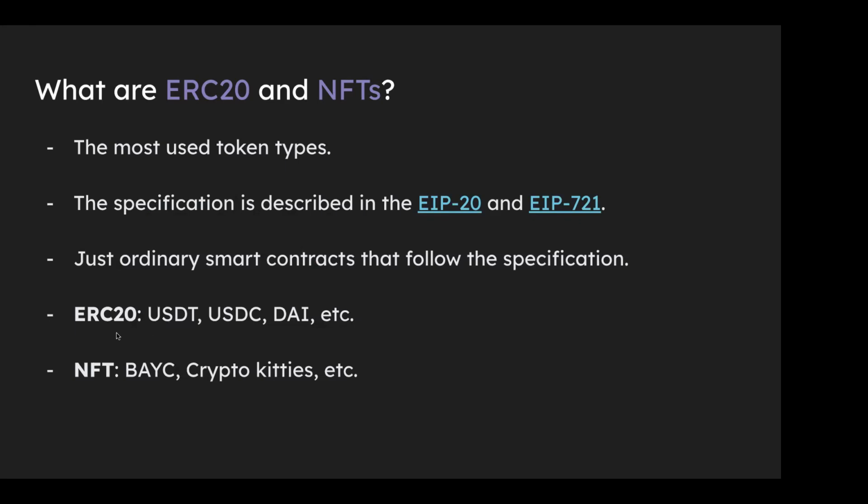Here are some examples of ERC20 tokens: USDT, USDC, DAI, etc. And examples of NFTs are the Bored Ape Yacht Club collection, CryptoKitties, etc. One thing that I want to point out with NFTs is that the first non-fungible token was CryptoPunks, but CryptoPunks do not follow the ERC721 specification standard.